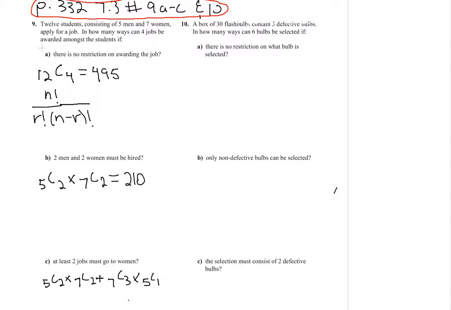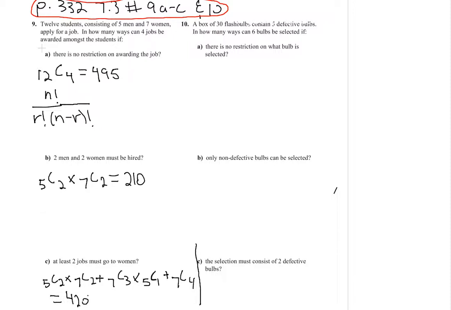I'm just going to go down here to save room. Or you could have all women and no men, so of the 7 women, you're choosing 4. And when you plug it in on the calculator, that's going to equal 420.